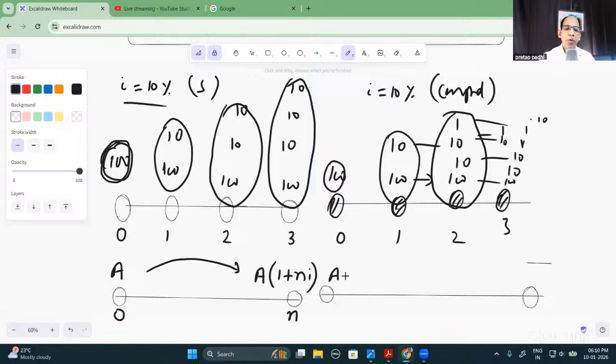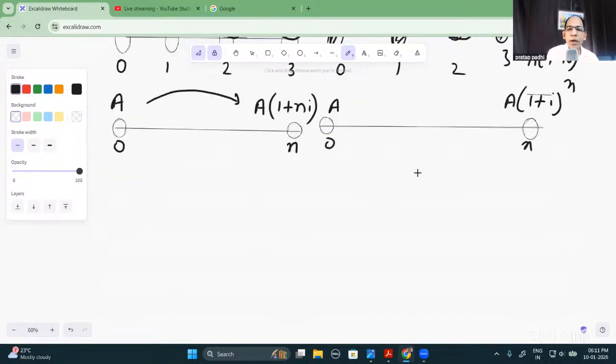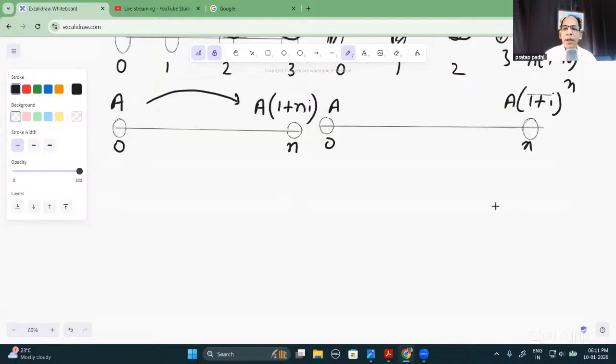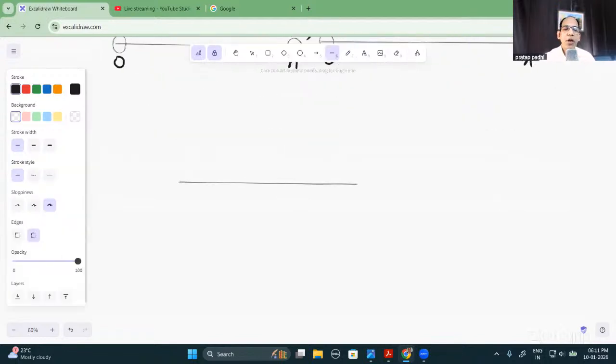However, for the compound interest rate, this will be 1 plus i power n. That means if you find here any, 3 here, if you write A multiplied by 1.10 power 3, definitely you will get this amount, 133.1. Now from here, this is what I taught in the last class, A multiplied by 1 plus i power n. Now going here, this is the accumulation formula.